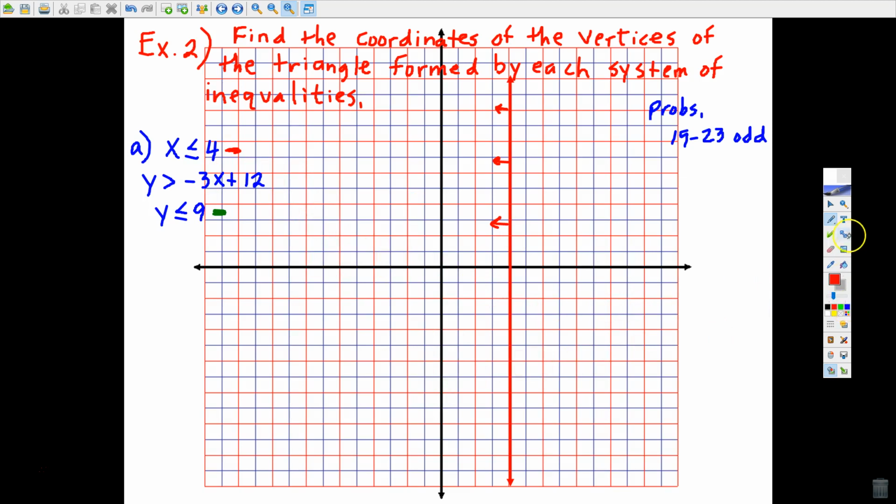Okay, let's go ahead and take care of the blue boundary. So y-intercept of 12: 2, 4, 6, 8, 10, 12 is right there. Slope of -3, so that's down 3, right 1, down 3, right 1 again. And this is going to be a dotted blue line. Just making sure I line my points up right.